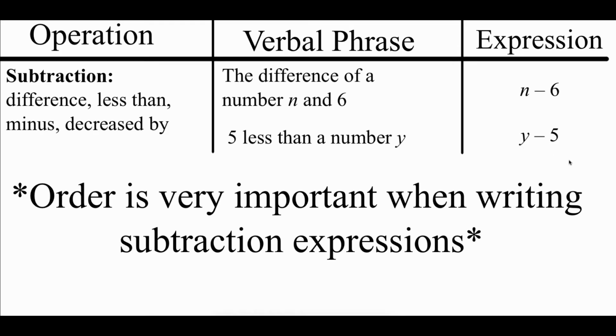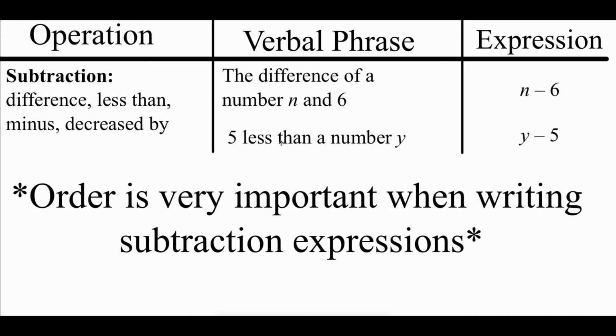Now with addition, the order is not very important. You can add two numbers in opposite orders and get the exact same answer. But for subtraction, you have to be very careful about the order that you're putting things in. On the verbal phrase the difference of a number n and 6, we need to make sure that we're putting that n first and then subtracting the 6 away from it.